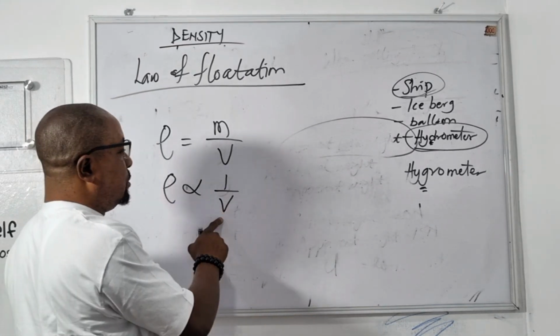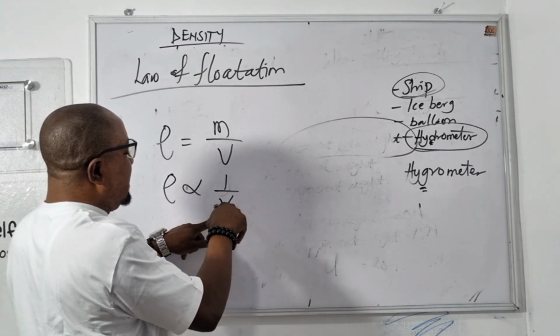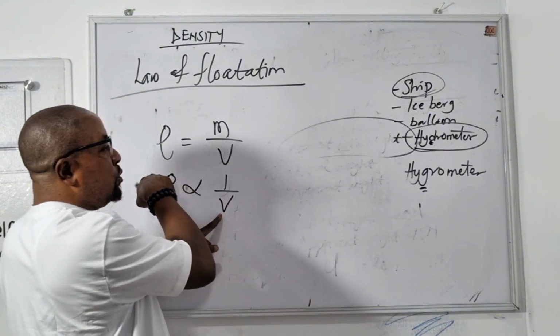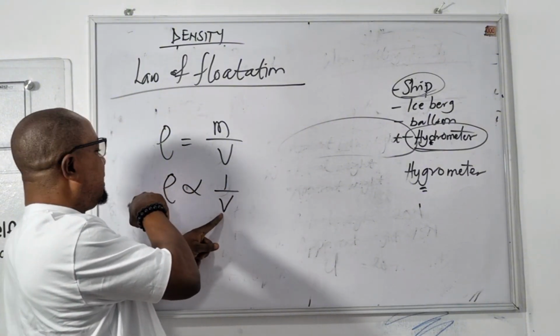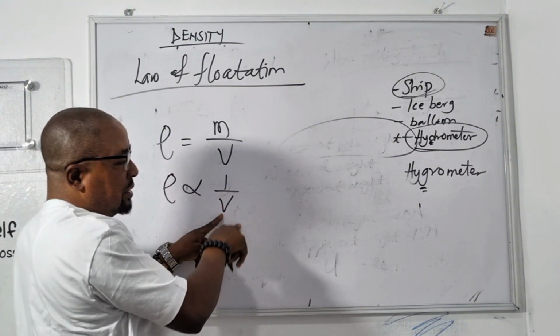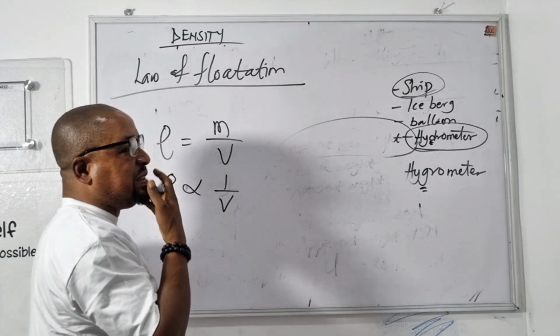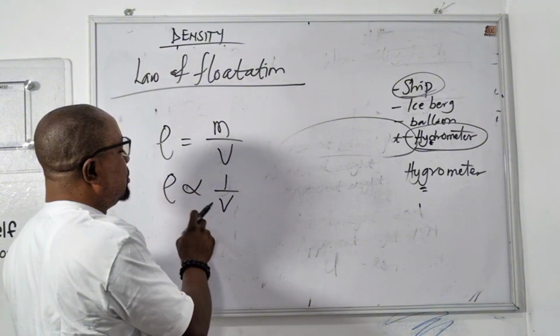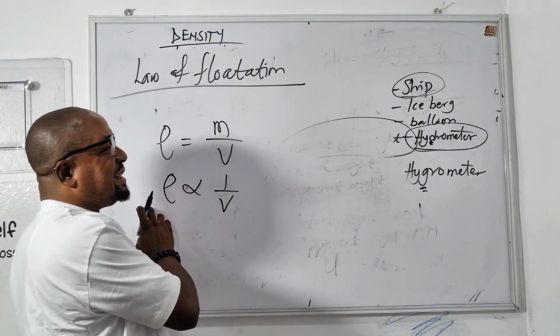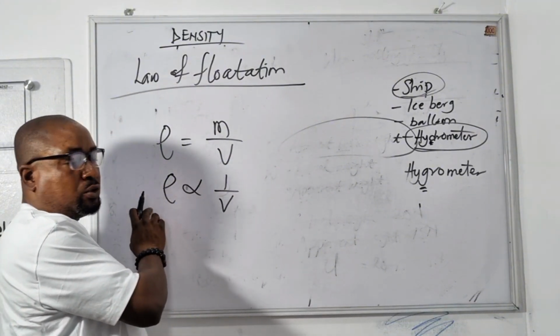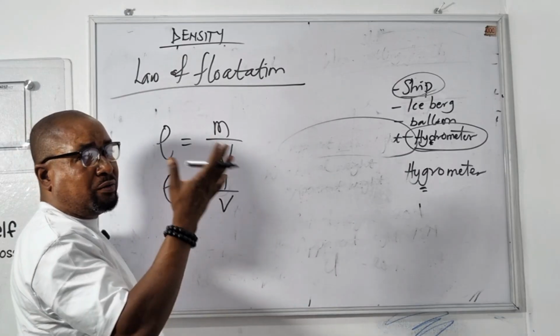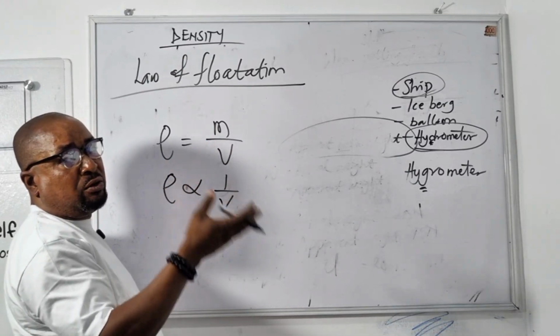So, if volume increases, density will decrease. If density increases, volume will increase. So, in the ship, if we create a vacuum in the ship, that means we are increasing the volume and decreasing the density. So, the density will be less than the density of the water in which the ship will float, so that the ship can float.